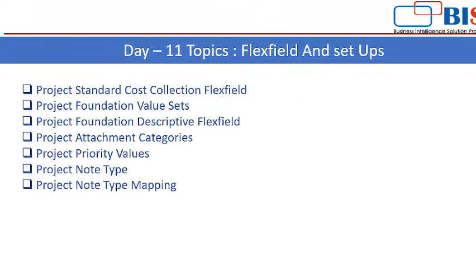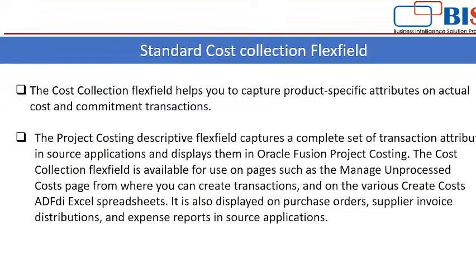Now in today's session we will see what the project standard cost collection flex field is. The cost collection flex field helps you to capture product specific attributes on actual cost and commitment transactions. The project costing descriptive flex field captures a complete set of transaction attributes in source applications and displays them in Oracle Fusion Project Costing.